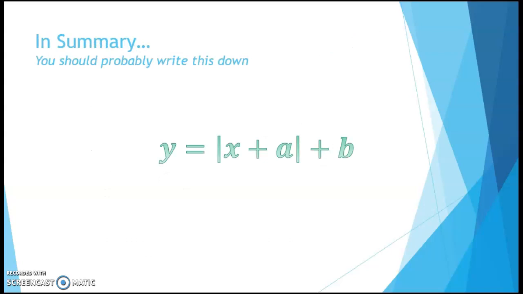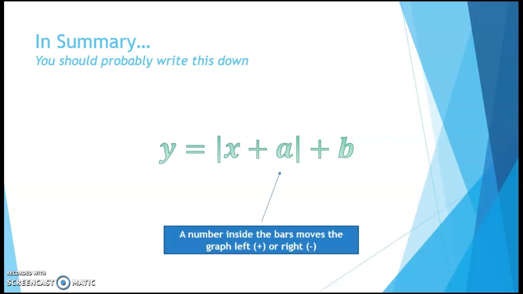So in summary, and you should probably write this down, when we have any absolute value function, 2 things could possibly happen. If the number is inside the bars, that moves the graph to the left if it's positive, or to the right if it's negative.